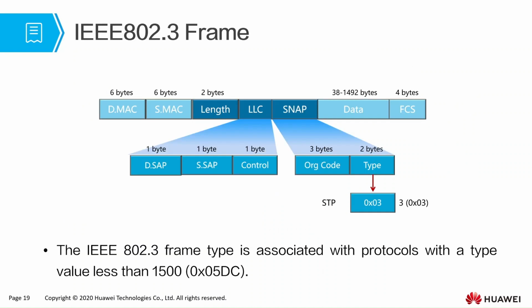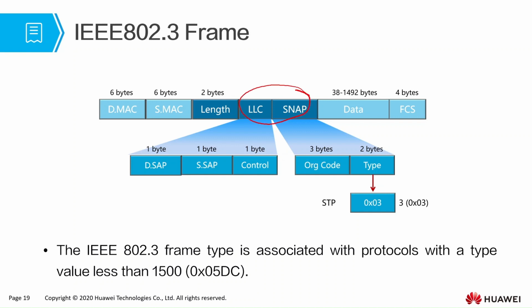Okay, now we are going to learn another frame. We call it IEEE 802.3. This one is older, we cannot say deprecated, but it is not commonly applied in today's networks because of the heavy additional header and complexity there.